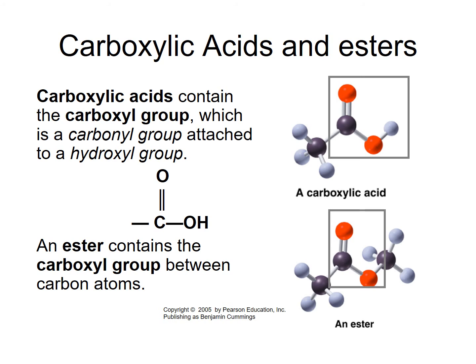So just a quick review, we've worked our way from the simple alkanes, which are just single bonded carbons and hydrogens, to the cycloalkanes, where you wrap the carbon chain into a circle of some sort, like a cyclopentane. Double bonded carbons are called alkenes. Triple bonded carbons are called alkynes.